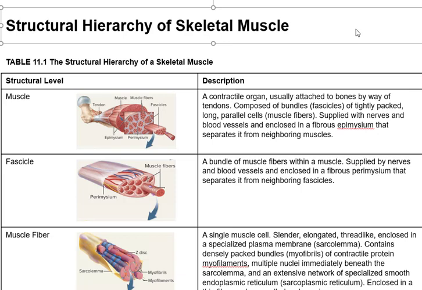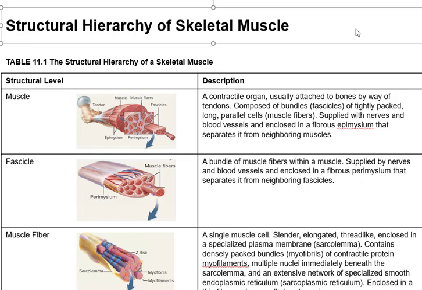In the very first chapter, we talked about how atoms go together to make up molecules, and molecules go together to make up macromolecules. The macromolecules go together to make up organelles, and organelles go together to make up cells. Cells go together to make up tissues.